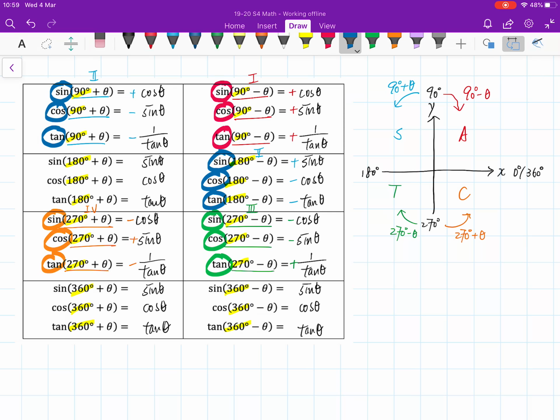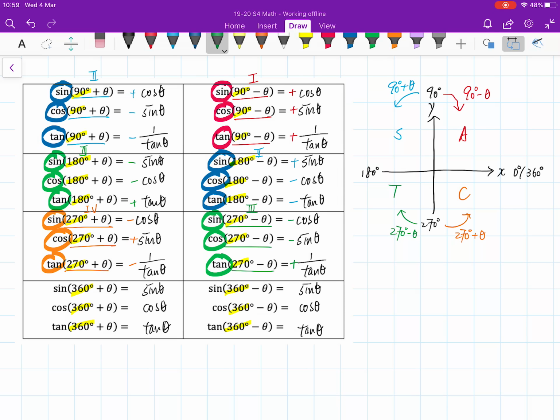Okay, so for 180 degree plus theta, it will go to quadrant 3. Okay, so for quadrant 3, only tangent is positive, while sine and cosine are both negative.